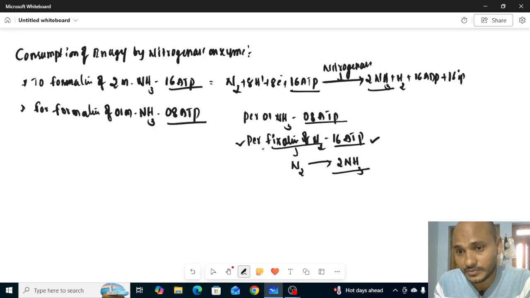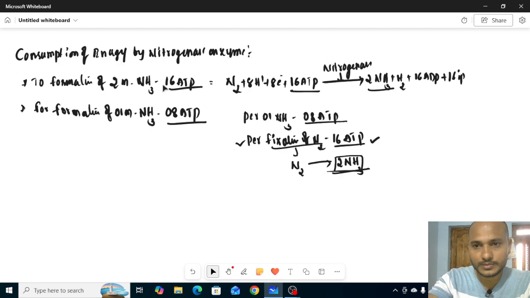But for fixation of 1 molecule of nitrogen, we require 16 ATP. It means we only have to understand that for fixation of 1 nitrogen, how many ammonium will be formed. So that we won't get any confusion by these two questions. So this is all about the consumption of energy by nitrogenase enzymes.